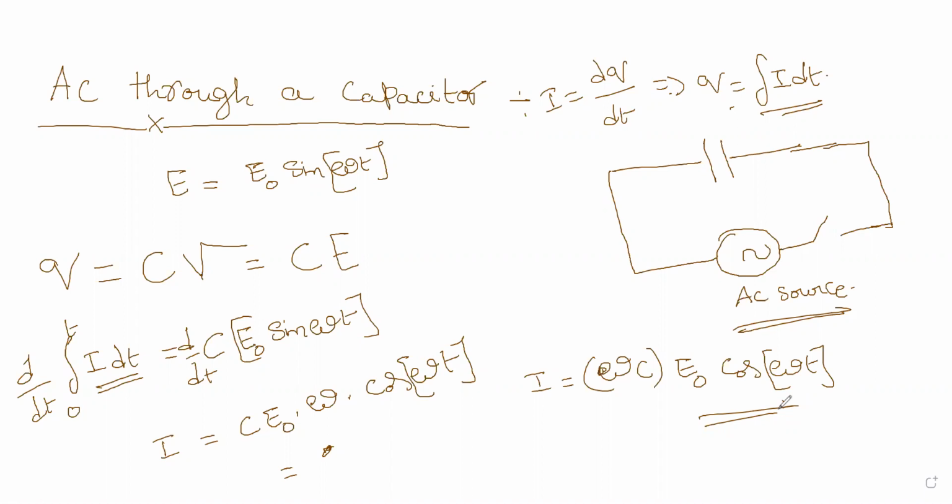Written up to here, please let me know once completed. Okay, now let's rewrite the equation: I = ωC E0 cos(ωt).